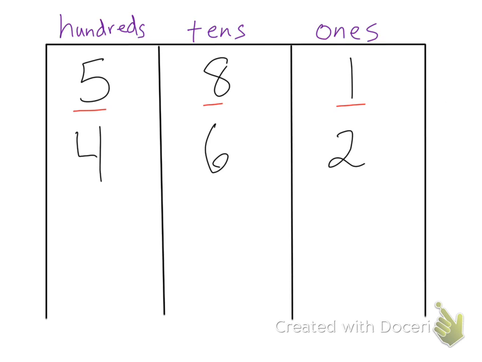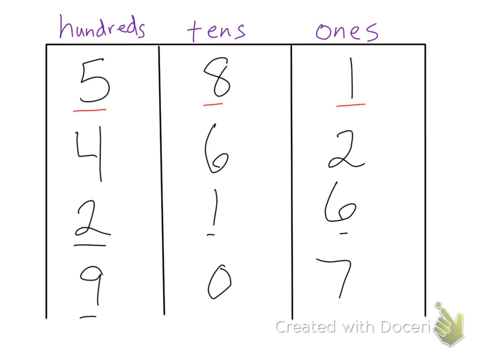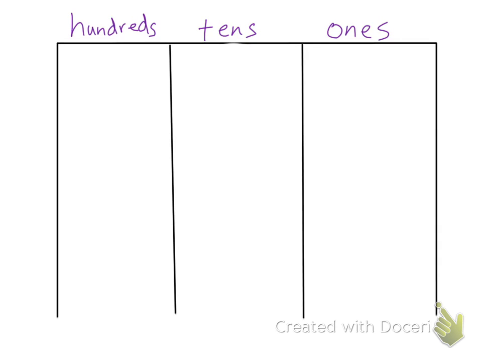Okay, what is this number? So this number is 216. And this number is 907. Okay, so I'm going to say more three-digit numbers, and you're going to listen carefully and put it into the column.